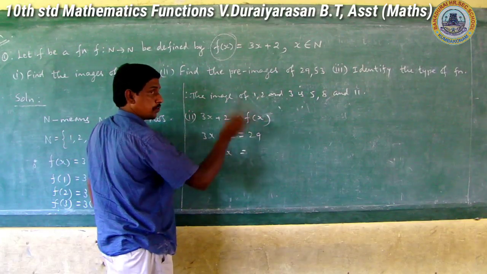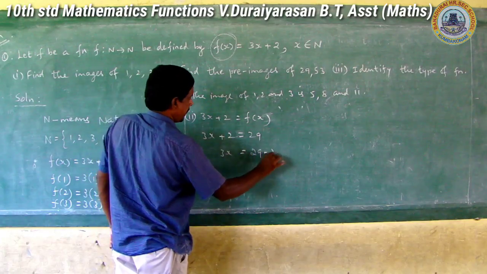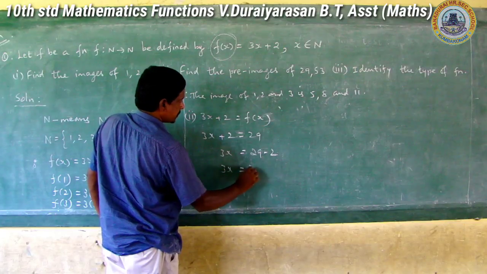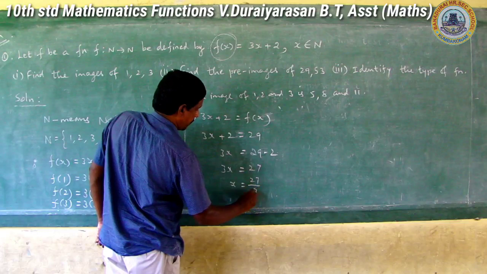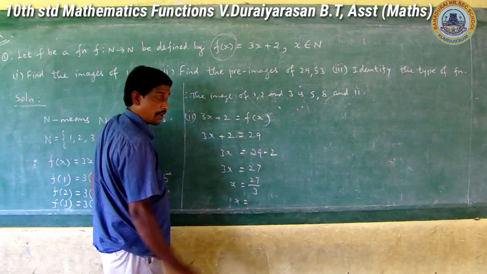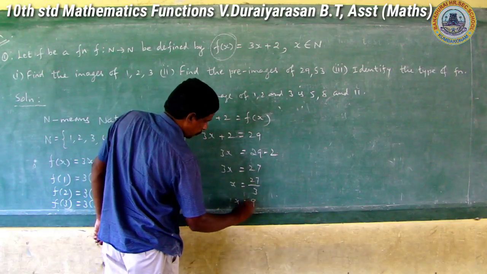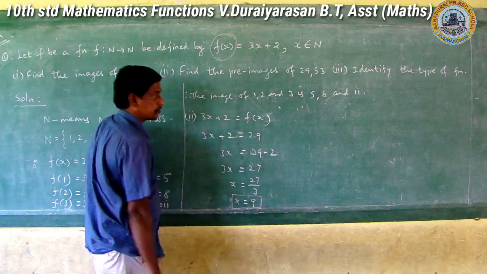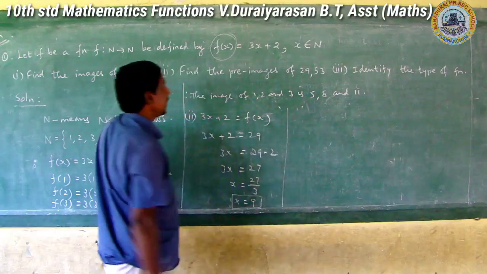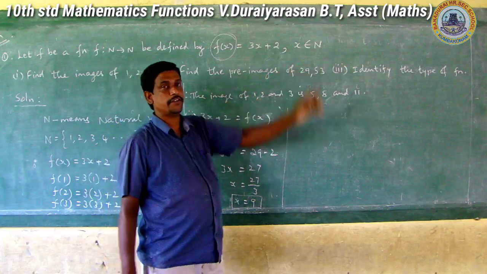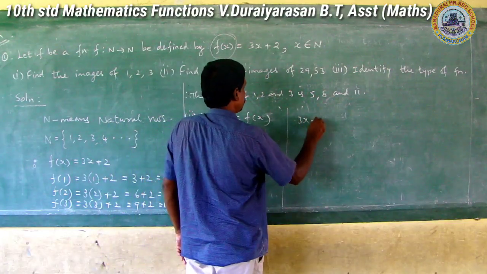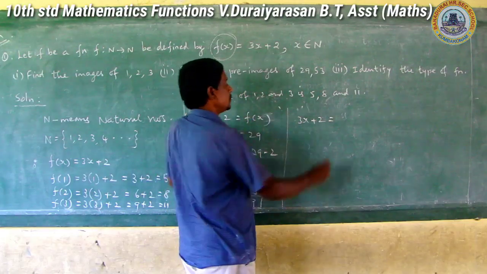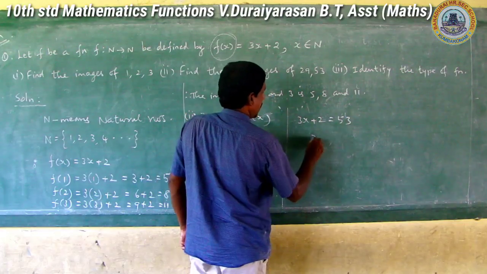Transpose 2: 29 minus 2, so 3x is equal to 27. x is equal to 27 by 3. 9 times 3 is equal to 27. So x is equal to 9. Now the other pre-image, for 53. Substitute f of x equal to 53.